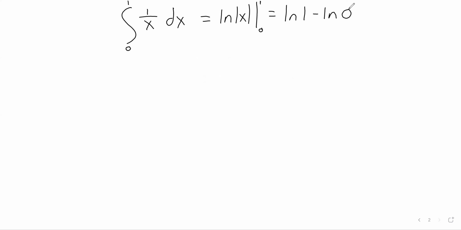And then you would go to your calculator and type this in, and you would get an error because the natural log of 0 is not defined. The reason we're having this issue is that this limit of integration is a vertical asymptote.